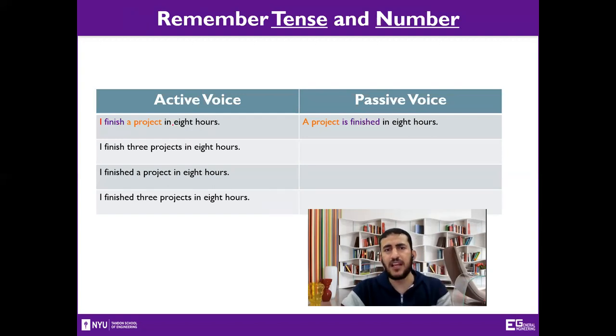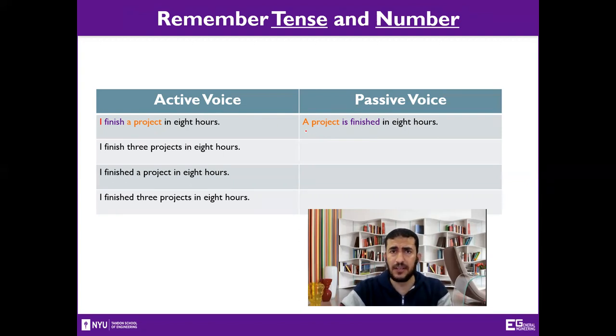If you want to change this sentence into passive, we begin with the object, or the recipient, a project. The sentence is in present simple, so we use the verb to be in the present simple: a project is, then the past participle of the verb finish, that is finished. So a project is finished in 8 hours.